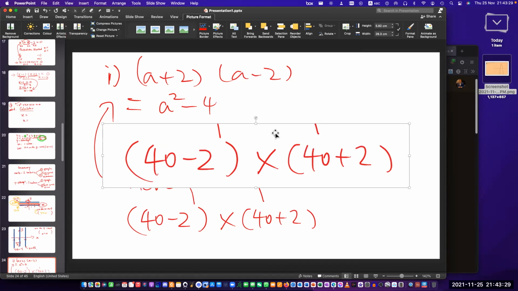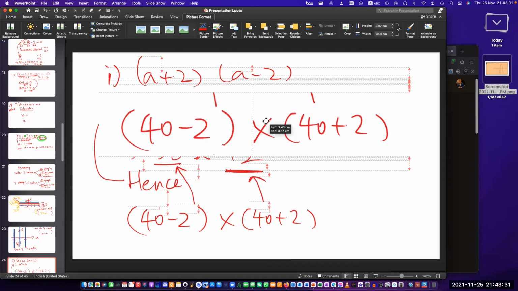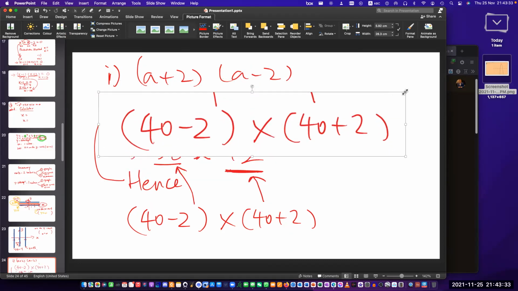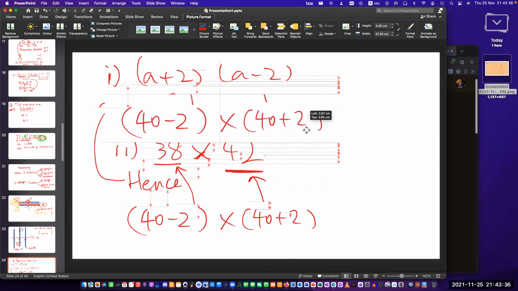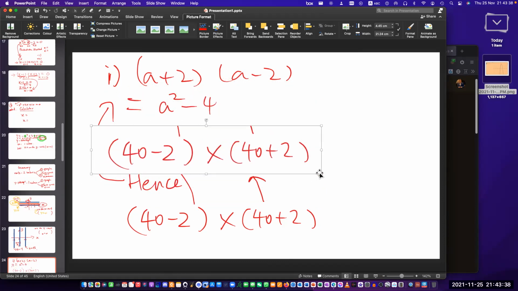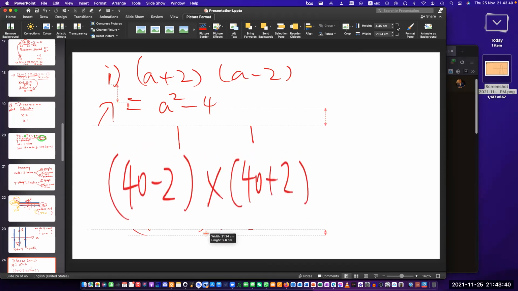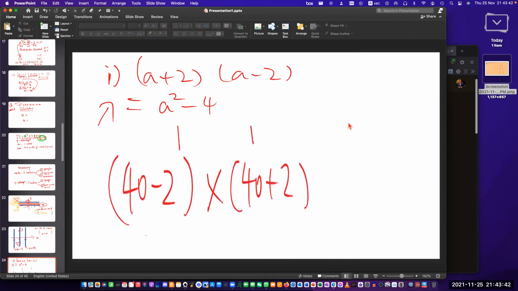So let me just plug them side by side. Of course, probably we have to do something about it. I think the order is different, right? So a plus 2, they put it in front. A minus 2, they put it at the back. So most likely I have to rearrange this.